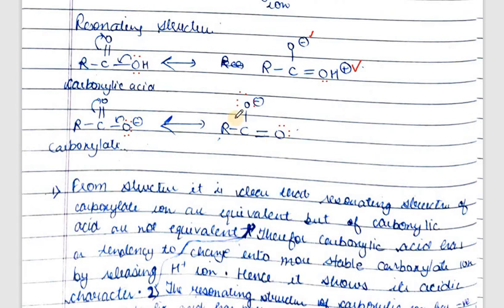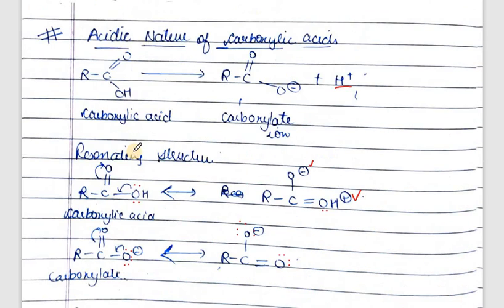So the carboxylic acid has a tendency to change into the more stable carboxylate ion by releasing H positive, which explains its acidic character. That is, the carboxylic acid resonance structures are not so stable as the resonance structures of carboxylate ion.